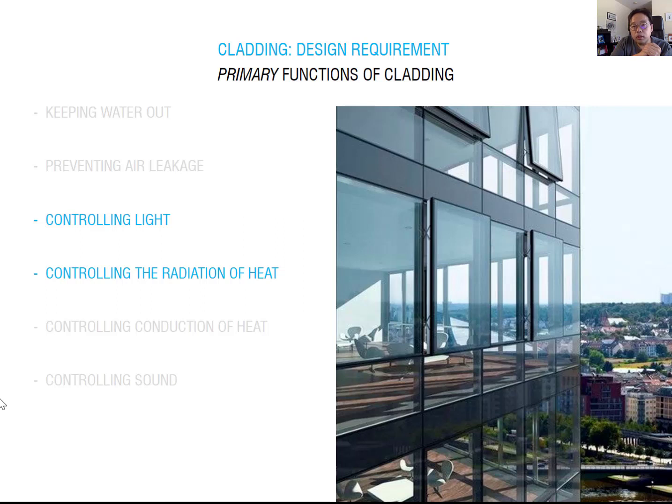To control this, you can use the sun shading device, or you can use laminate or treated glass. Okay, so you have several different options for designing the space. Also, the ventilation: your glass can vent, so you can also control the radiation of heat.